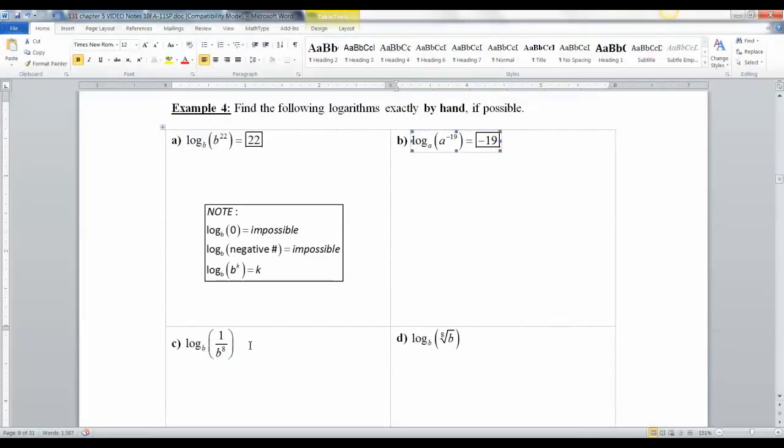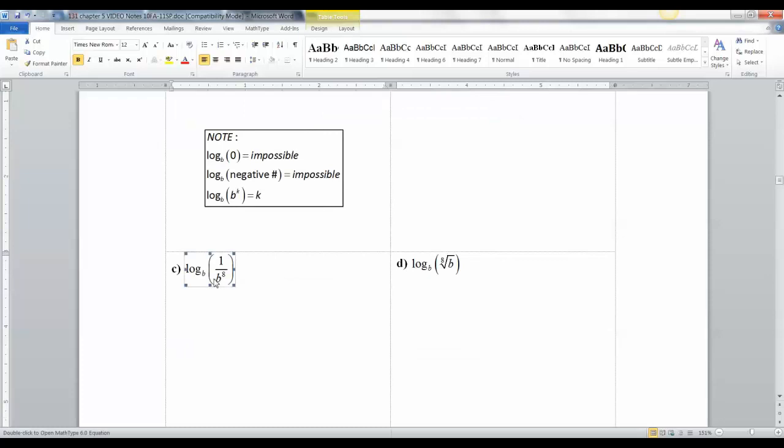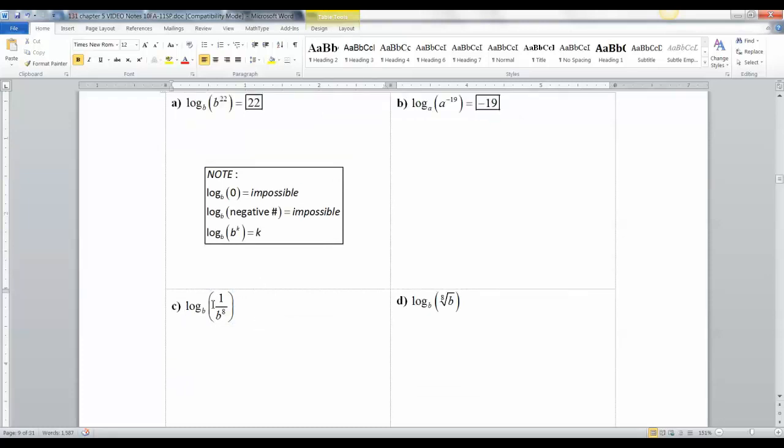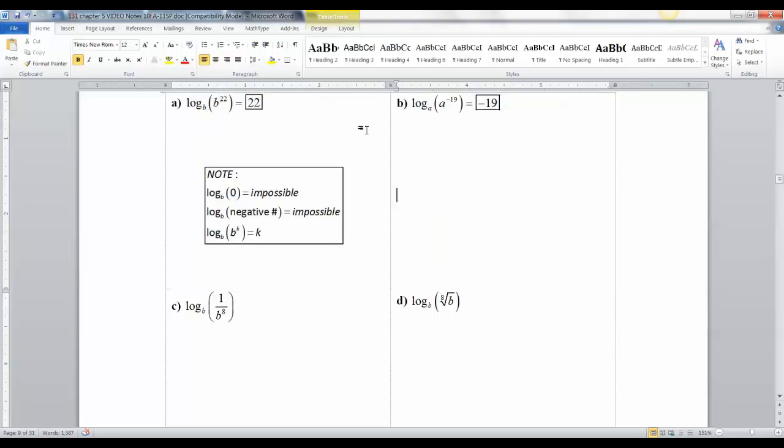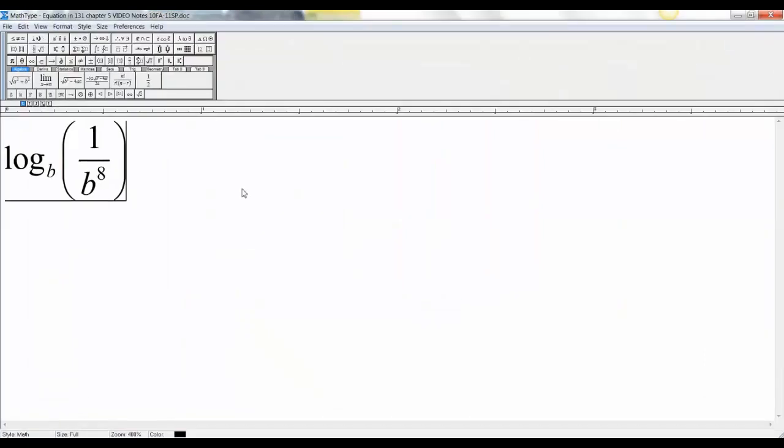All right, now for C, let's look at this for a second. It's going to be the same idea as the ones for A and B, but A and B had them written nicely for us. C doesn't have that because it has that fraction in there. So let me remind you of something you learned in section 4.1, which is that this is really b to the negative 8. Remember, negative powers make fractions like this.